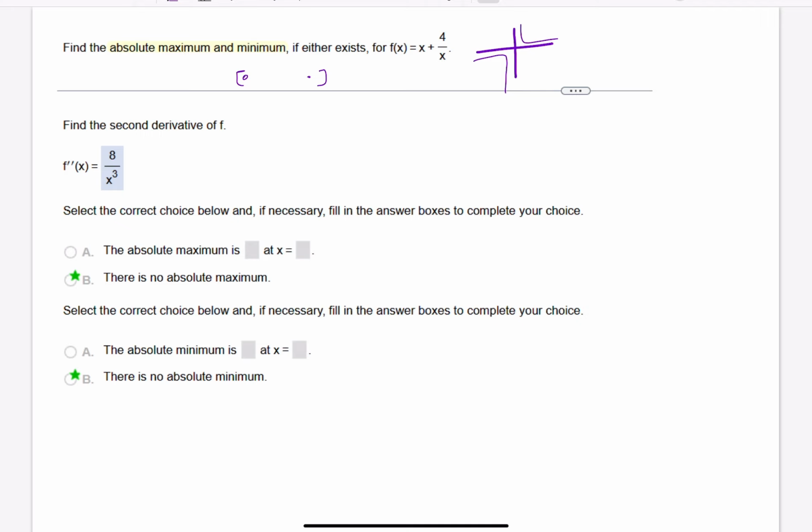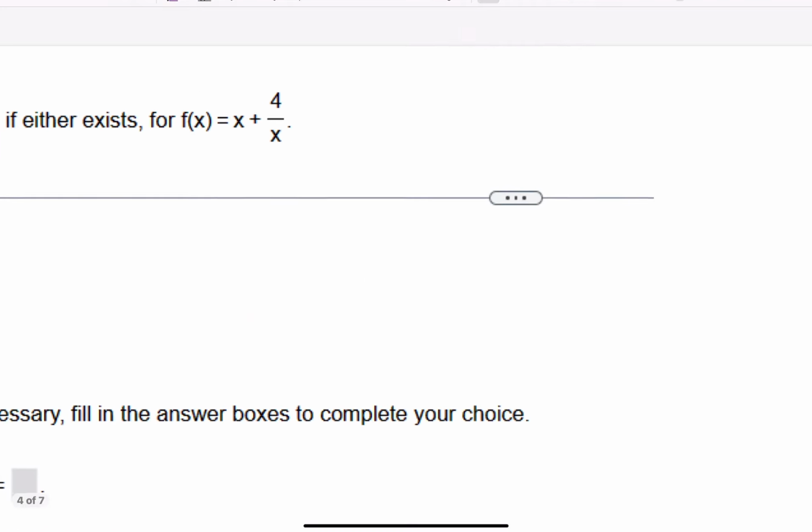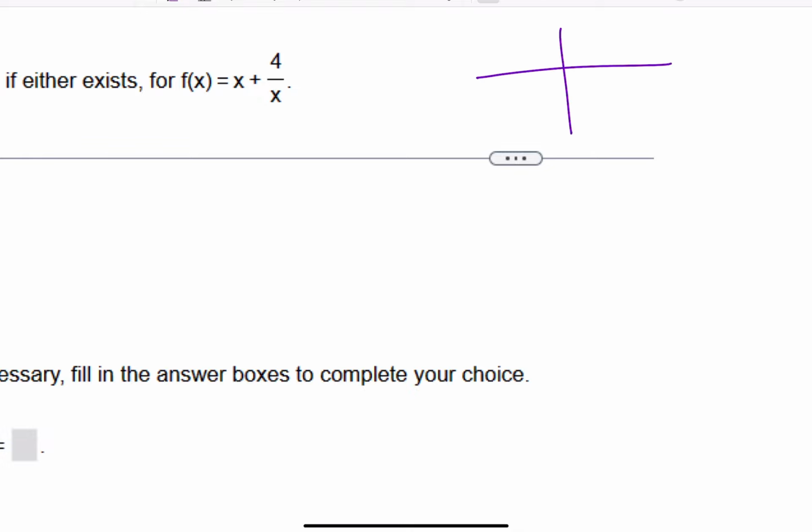Now let's see this problem here. What did they ask me to do? They asked me to find the second derivative. So I'm going to erase all of this. You know what? Let me keep this graph for your reference. This is again a rational function, x plus 4 over x, with a vertical asymptote at x equal to 0.